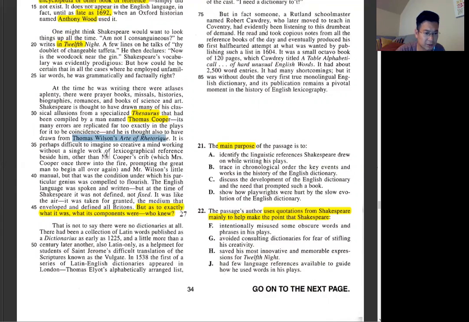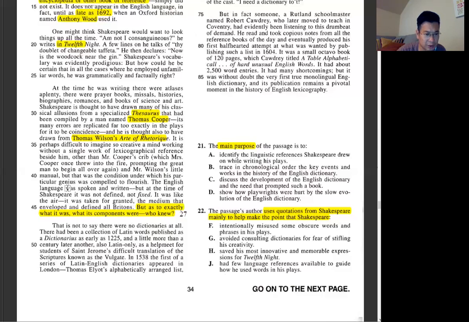It is perhaps difficult to imagine so creative a mind working without a single work of lexicographical reference beside him. And then Mr. Cooper's work he threw in the fire, and Wilson's little manual, but it was the condition under which his particular genius was compelled to flourish.